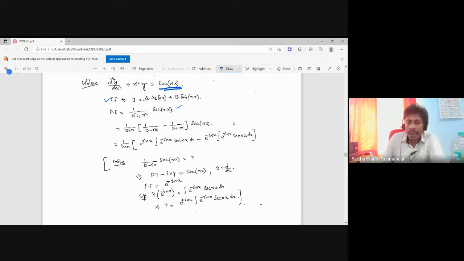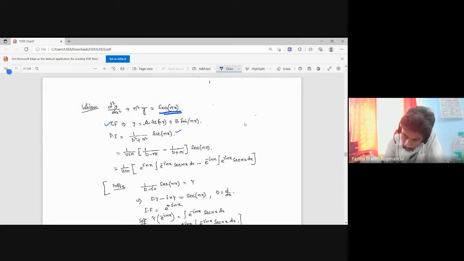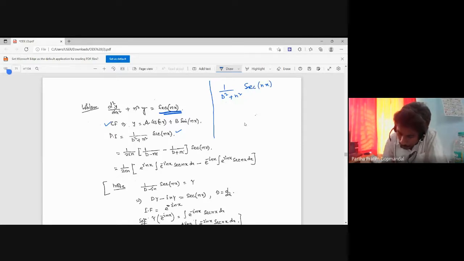Now let me tell you another thing. One of your friends wrote me an email earlier that if this kind of function is given, sec or whatever, he wanted to write it as 1 by cos and multiply the numerator and the denominator by x.